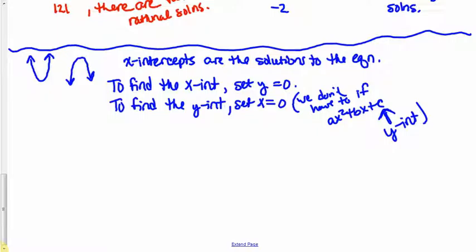So let's look at the example called video 8. It's already graphed there for you, so we don't have to graph it. We just have to find the x-intercepts and the y-intercepts.